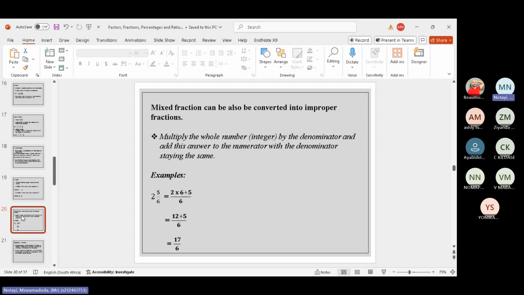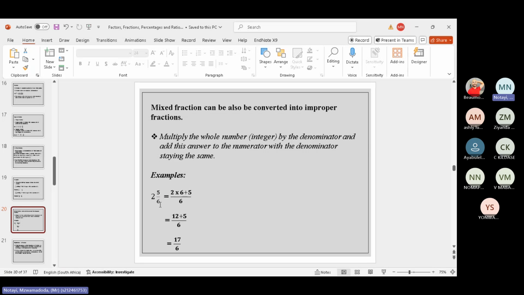Mixed fractions can also be converted into improper fractions. That means we can go the other way around. Multiply the whole number by the denominator and add this answer to the numerator with the denominator staying the same. So we're going the other way around now. We have 2 5/6.